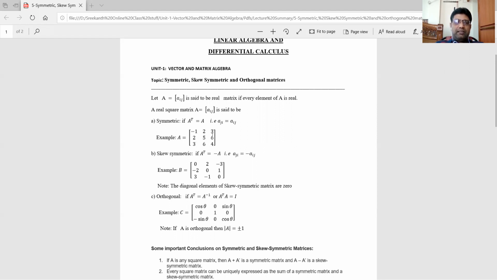So clearly the rows are interchanged here, and once again you get the same matrix. Whenever it is like this, we say that it is a symmetric matrix. Symbolically we write this as A transpose equals A.